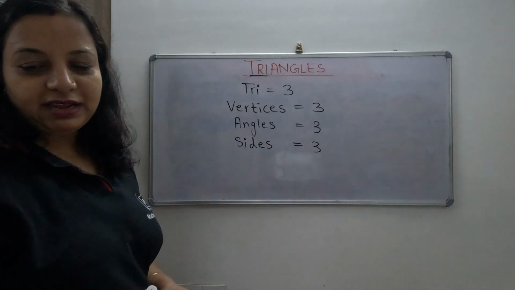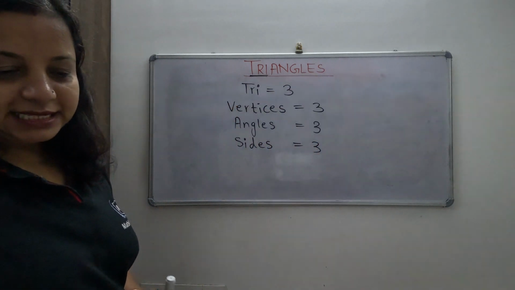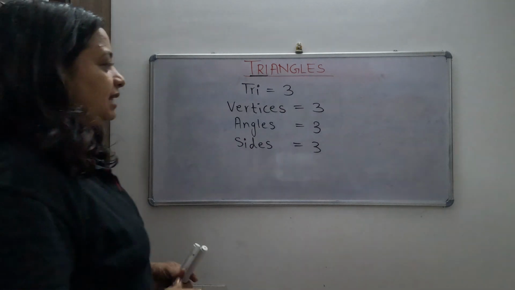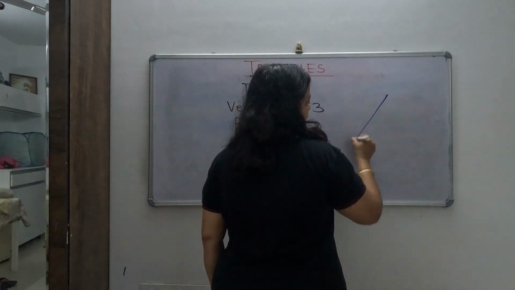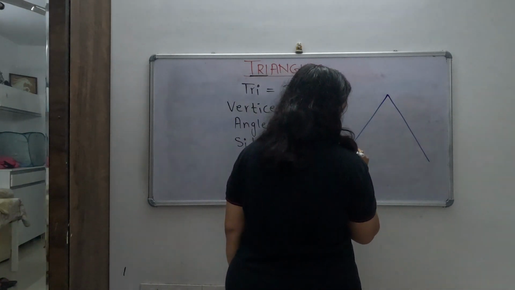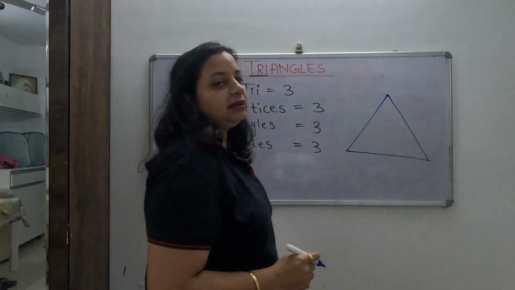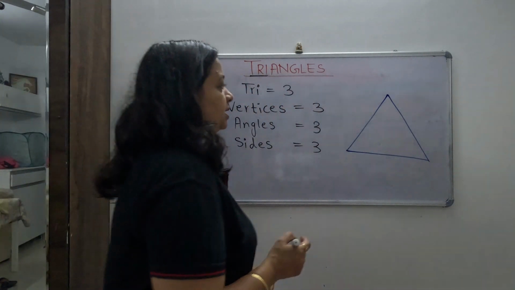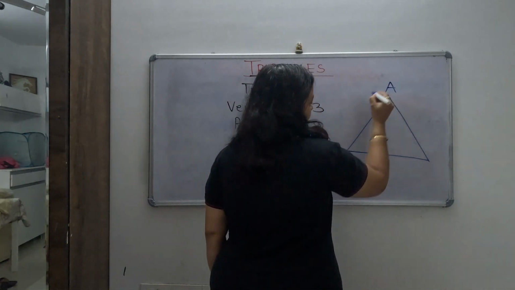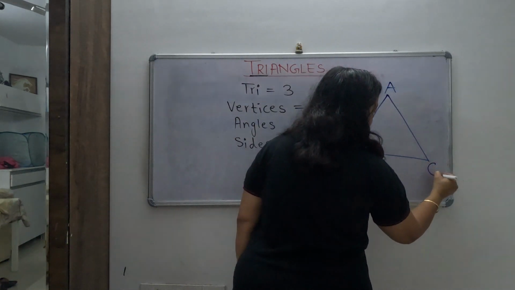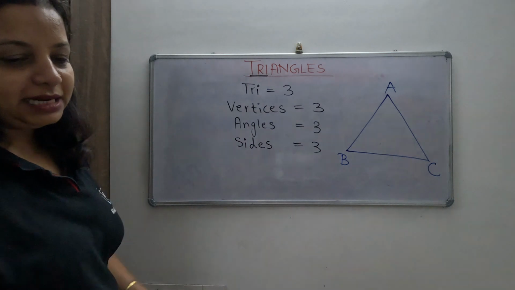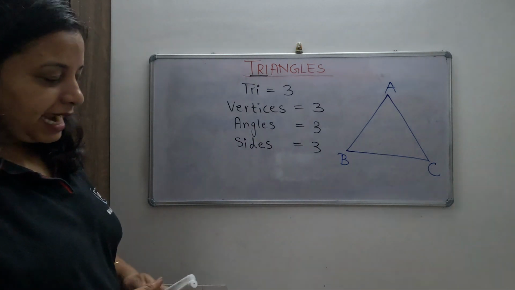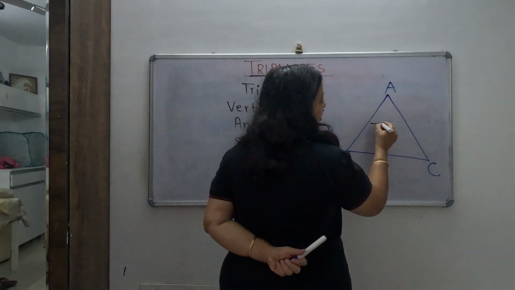So in a triangle we have 3 vertices, 3 angles and 3 sides. And this is the smallest polygon also. So we can give the naming A, B and C. And the inside we call a triangular region.